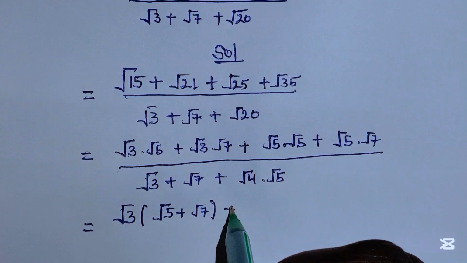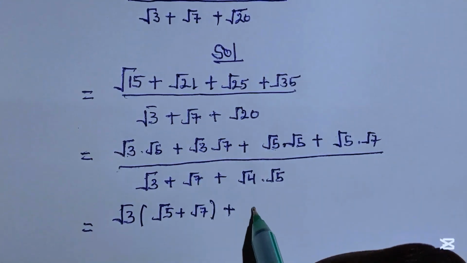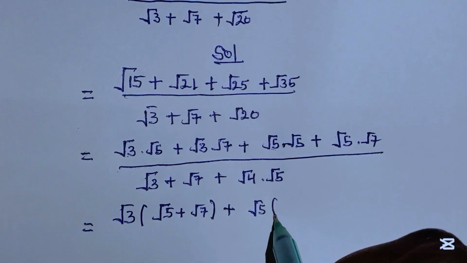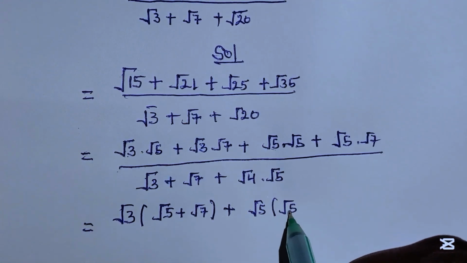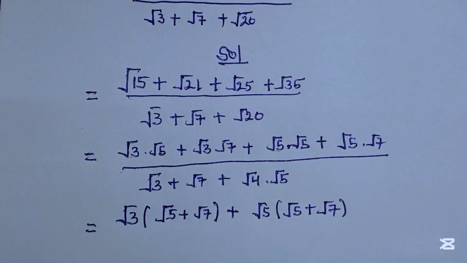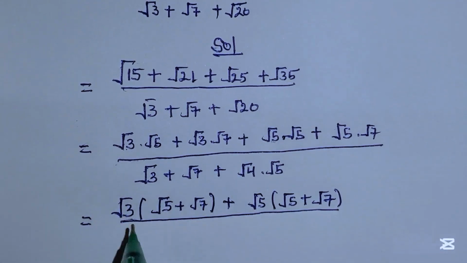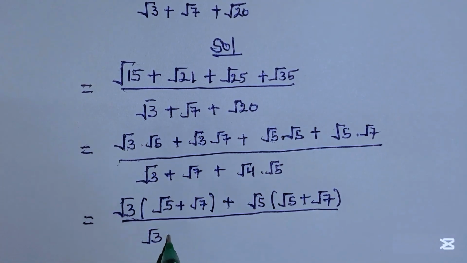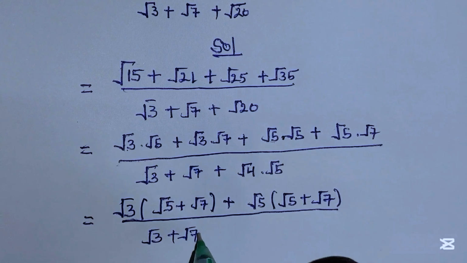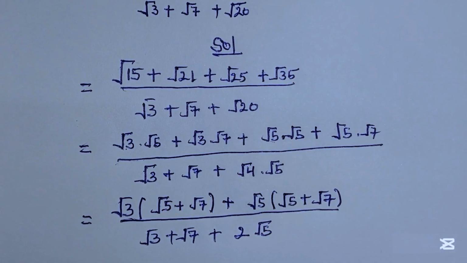Then plus, here we can factor out square root of 5 to get square root of 5 plus square root of 7, then after, over square root of 3 plus square root of 7 plus 2 square root of 5.